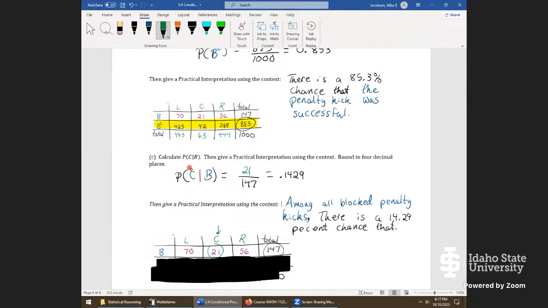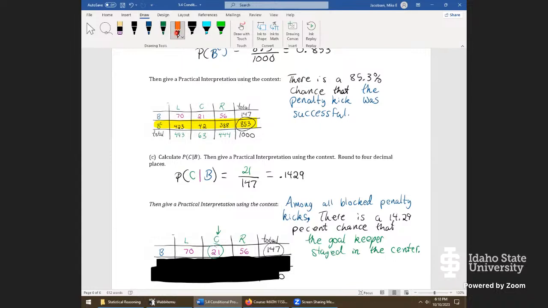Awesome. The goalkeeper stayed in the center. So we did it, folks. That's our interpretation of that conditional probability right there. Just trying to fix the penmanship.